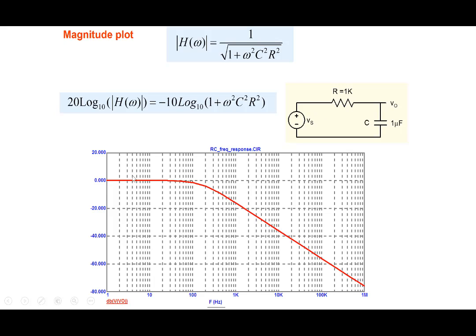So 0 decibel is an indication of signal simply going through the system. We can see that all these lower frequencies are able to pass through. Then we come to a break, a transformation, somewhere around this particular point. And now the higher frequencies are getting attenuated, right?